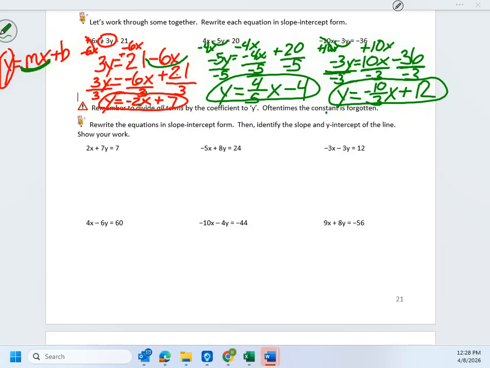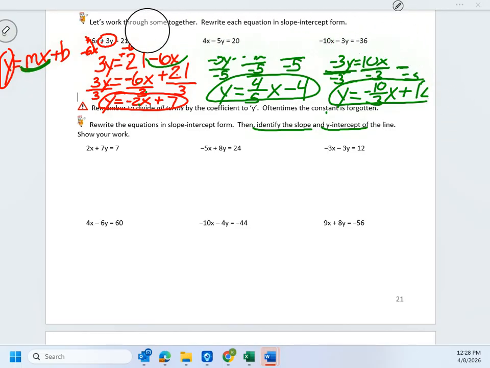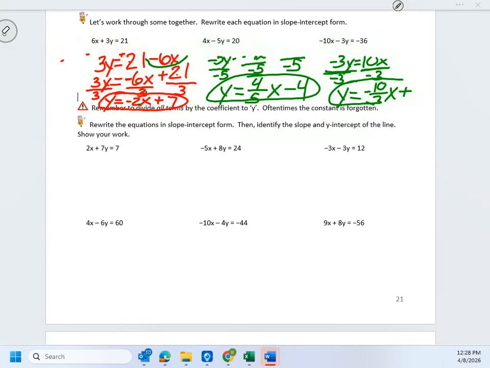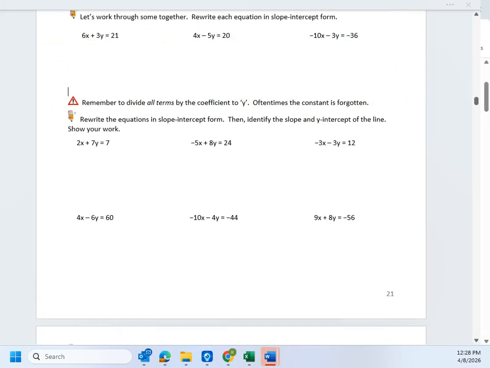So we are going to rewrite the equations in slope-intercept form, then identify the slope and the y-intercept of the line. So we're going to think about those two steps that we have.